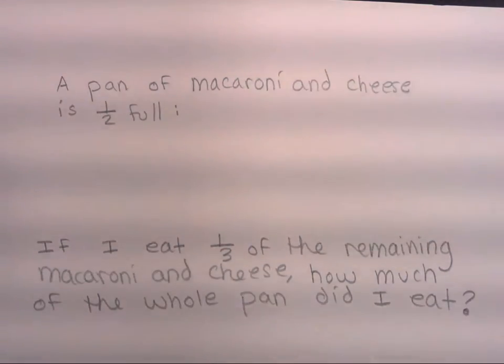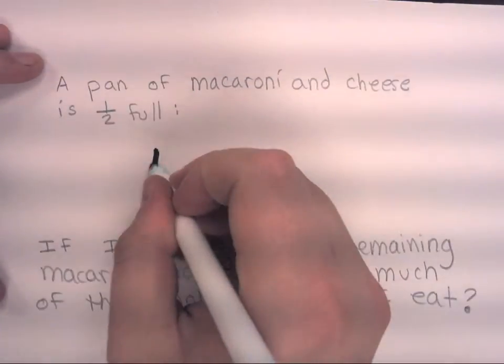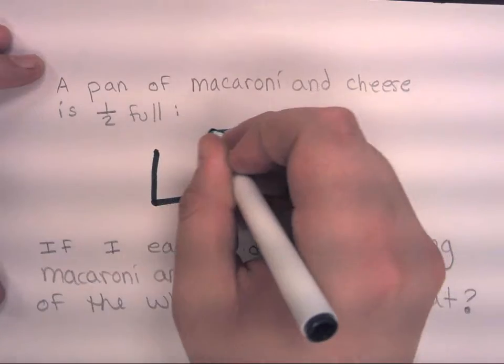And then they were posed with this question: if you were to eat 1/3 of the remaining macaroni and cheese, how much of the whole pan would you have eaten? And so students were asked to draw a diagram representing the situation here.